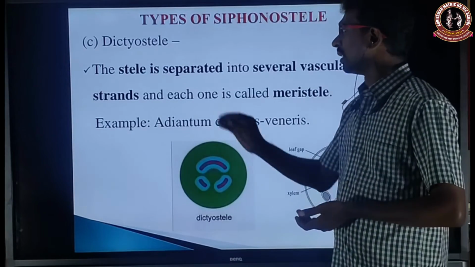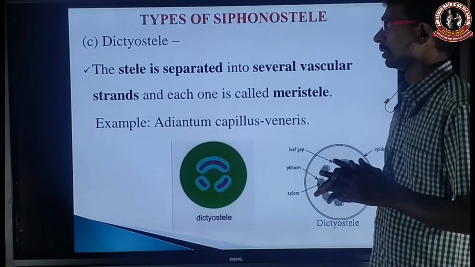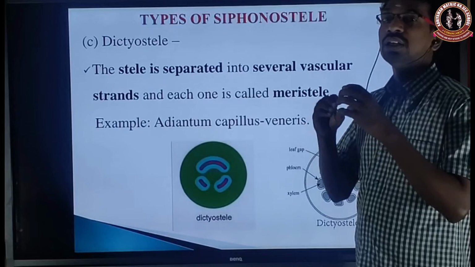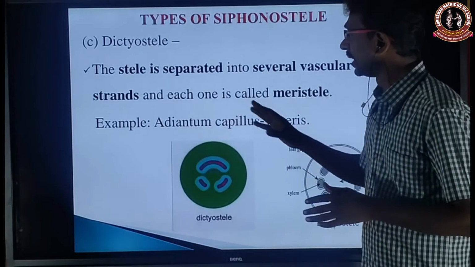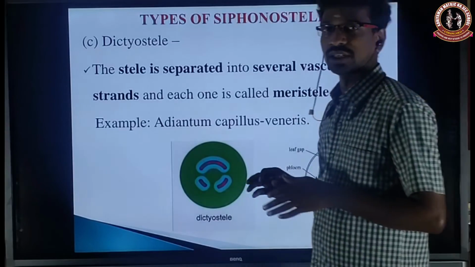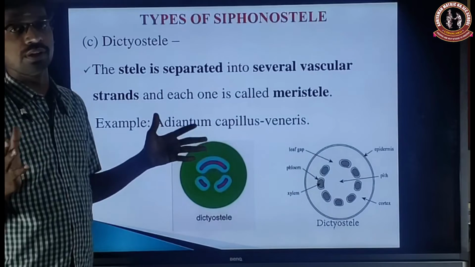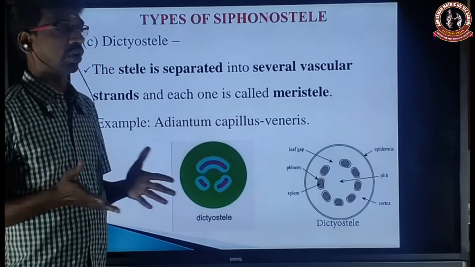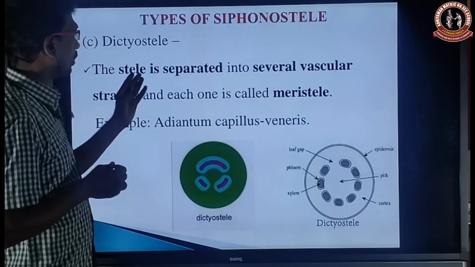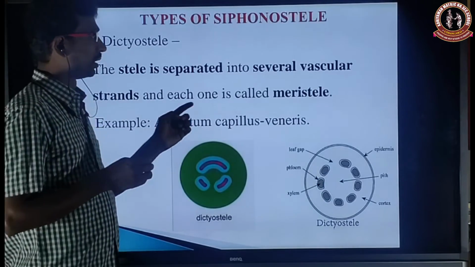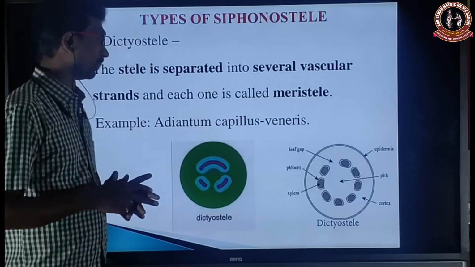Dictyostele. The stele is separated into several vascular strands. Each one is called a meristele. So the meristele becomes what? It's a conjoined vascular bundle. It becomes a conjoined and radial vascular bundle. So the stele is separated into several vascular strands. Each is called a meristele.